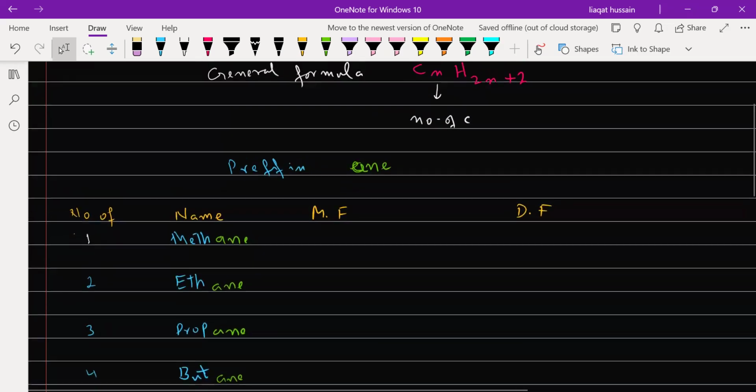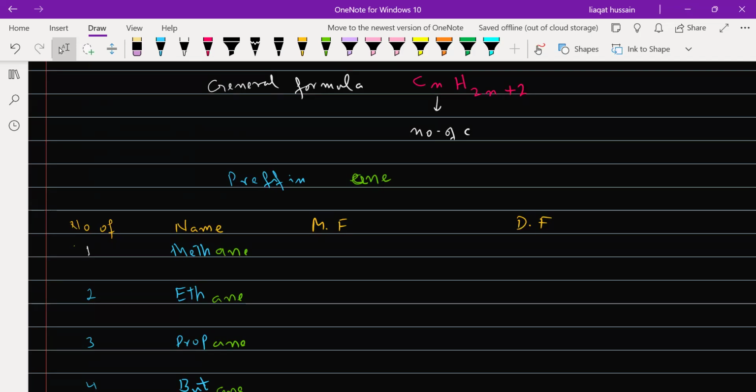How to write this molecular formula? According to this general formula, CnH2n+2, if you have one carbon atom, you will put carbon 1, and hydrogen 2 multiplied by the number of carbon atoms, 1, plus 2.